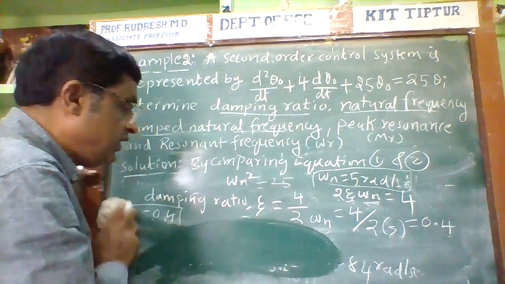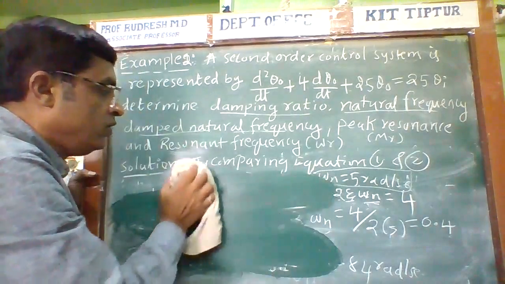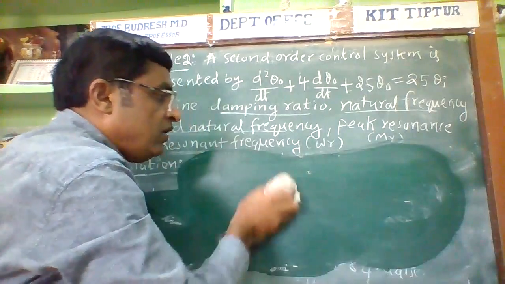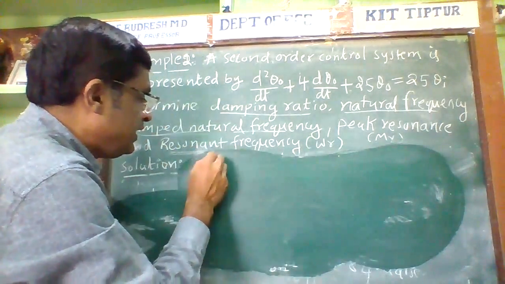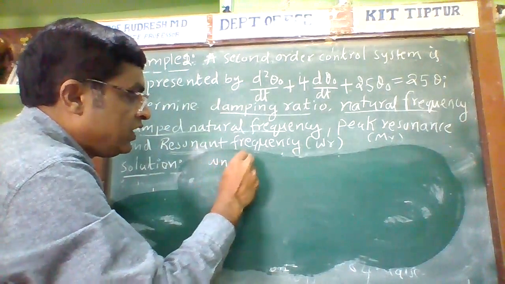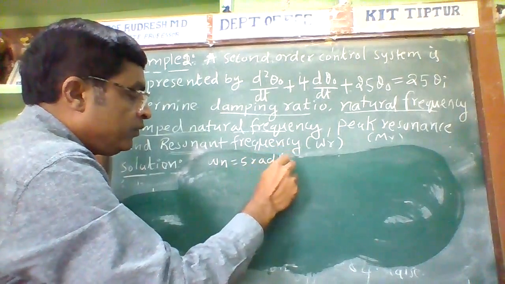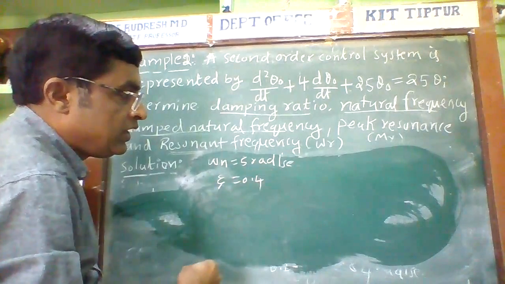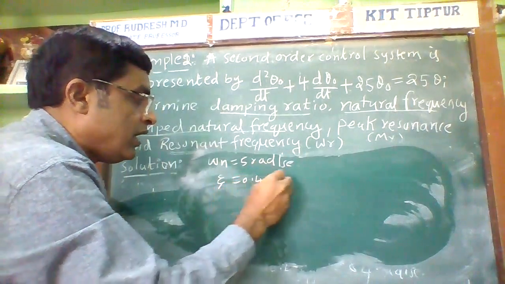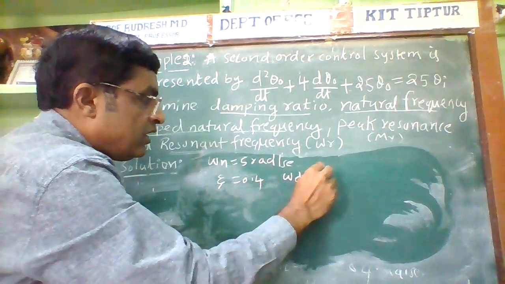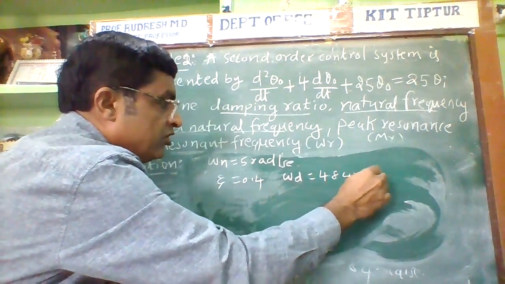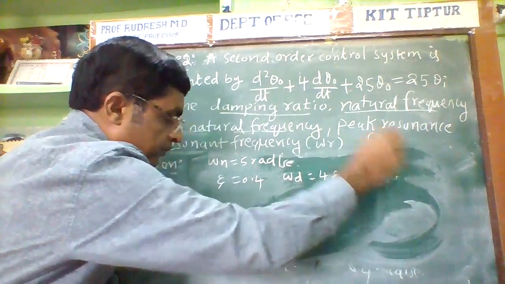We have calculated omega n is equal to 5 radians per second, zeta is equal to 0.4, and the damped natural frequency is 4.84 radians per second.